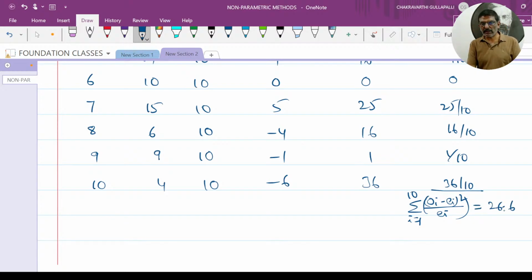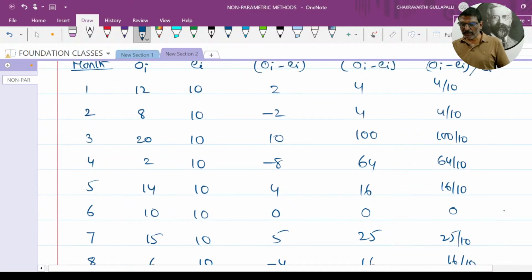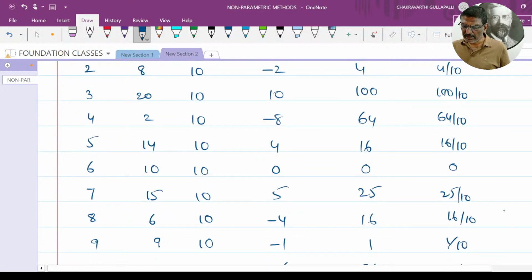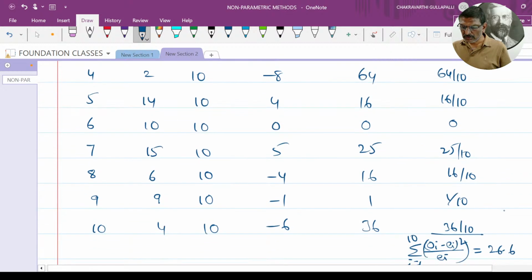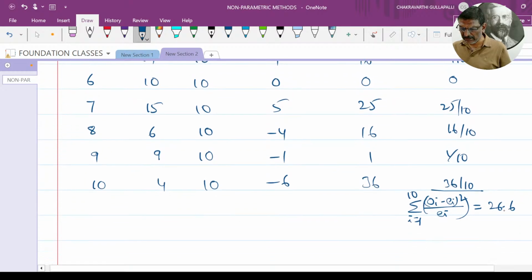You may also add up the numerators: 4 plus 4, 8, plus 16 is 16... 16 plus 64, 80, then 180, 196, 201, 201 plus 25, 226 by 10, 26.6.